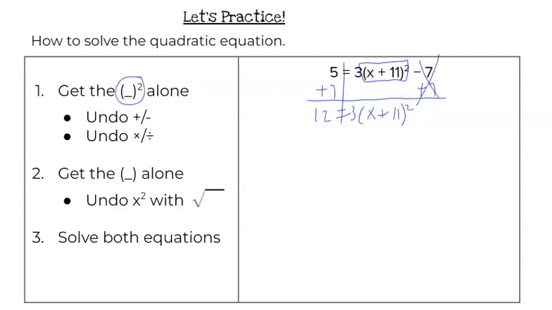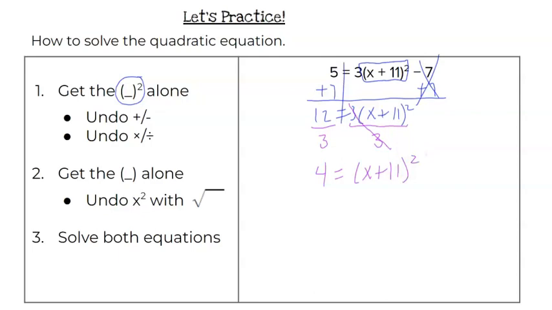Negative 7 plus 7 cancels out. Now we need to get rid of this 3 that's in front of the parentheses, so we're going to divide both sides by 3. The 3s cancel. 12 divided by 3 is 4, so 4 equals x plus 11 squared.